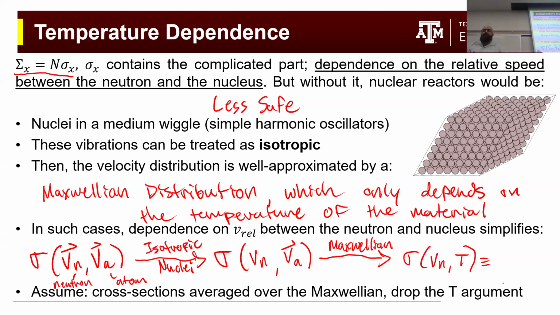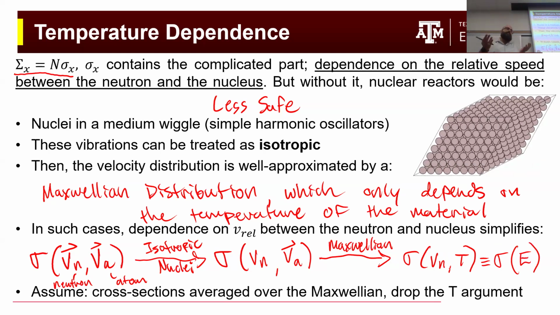Now, if I know the speed of the neutron, then I can also directly talk about the energy of the neutron, even just using a classical 1/2 mv squared formula for the kinetic energy. So it's equivalent to talking about the energy of the neutron instead of the speed.